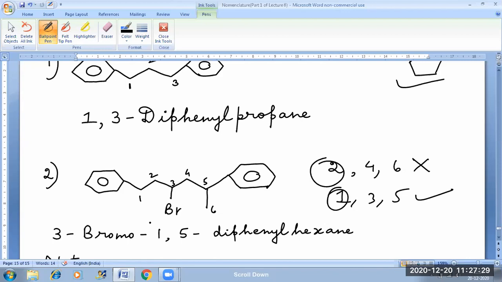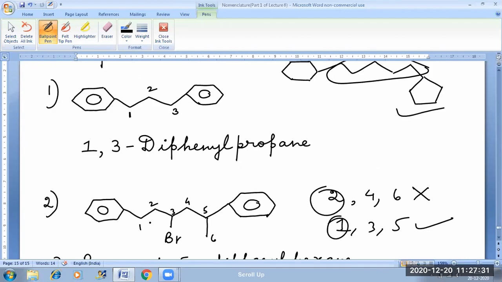Second one, again you have 2 rings attached to a single chain. So 1, 2, 3, 4, 5, and 6. This is my parent.